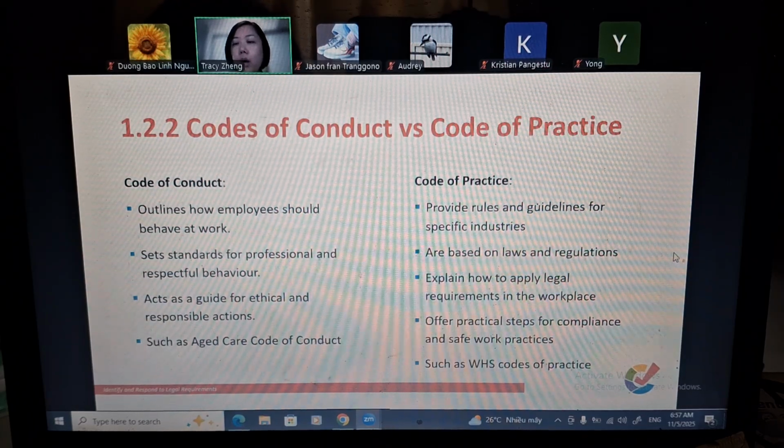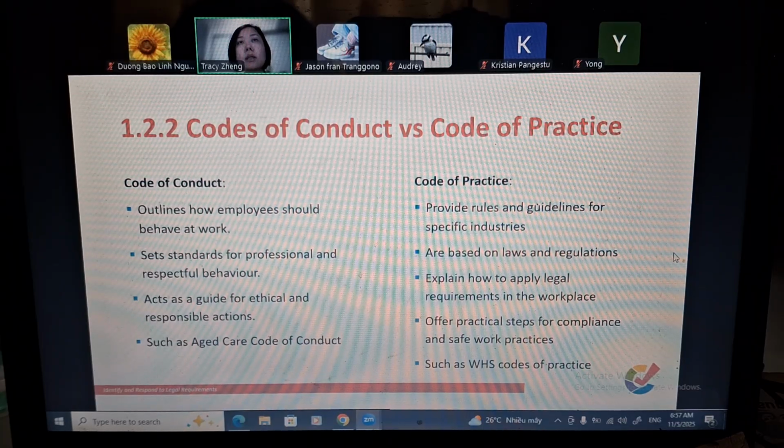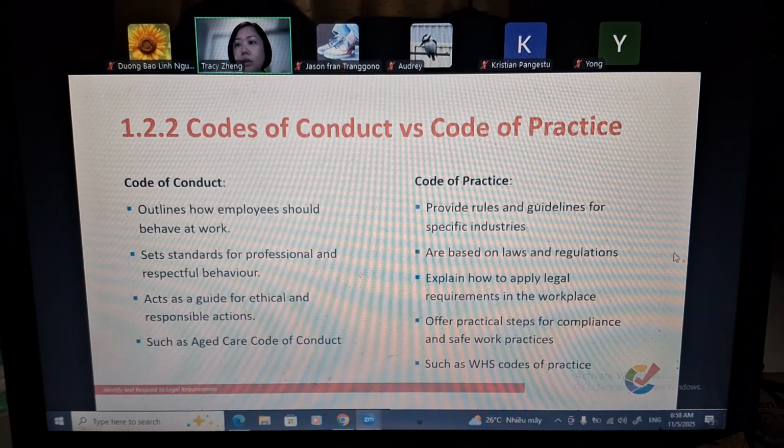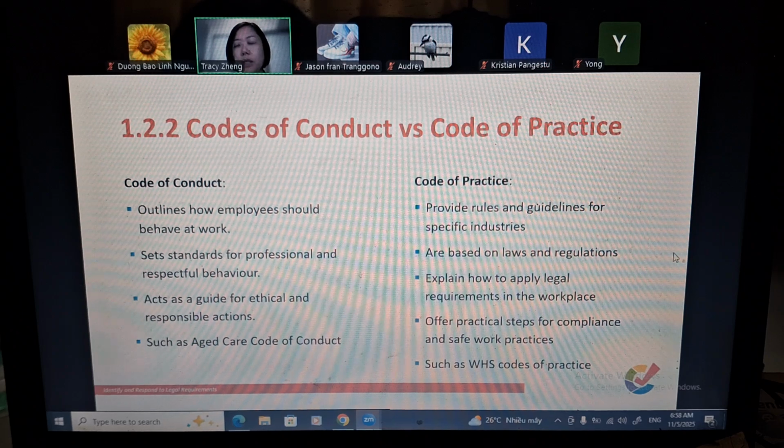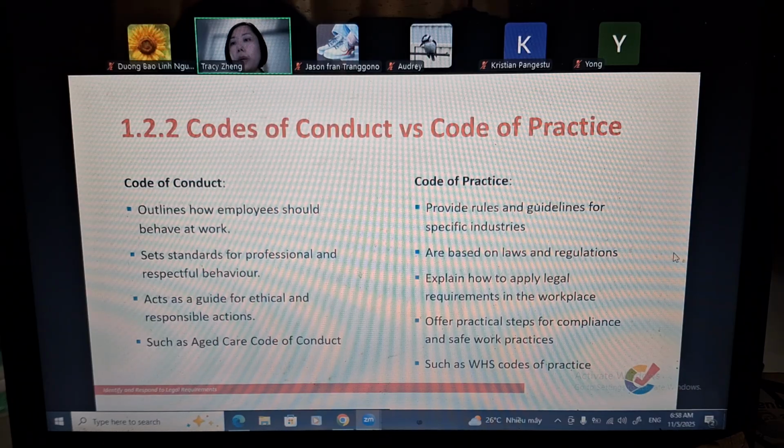For example, as employees we need to face different types of work-related risks and hazards, such as manual handling risks or infection risks. Those are all related to work health and safety. Then the code of practice lists for us what we need to do to follow the law and legislation related to work health and safety.